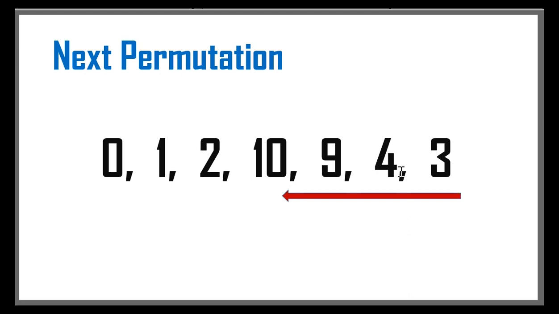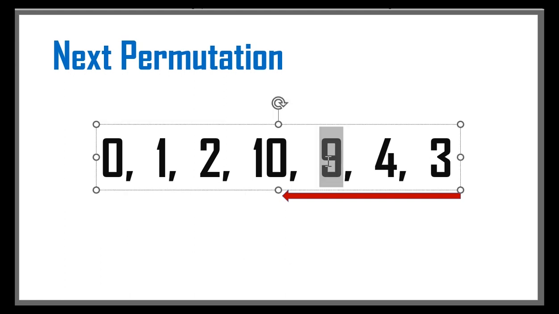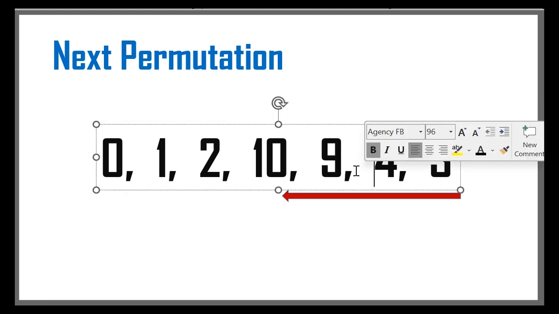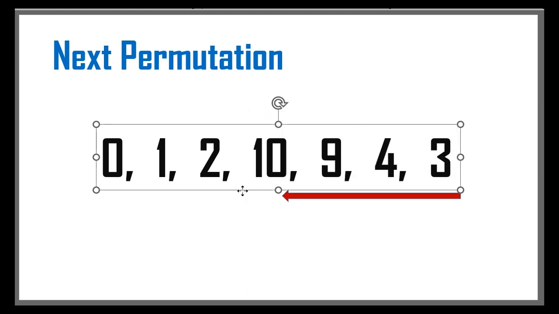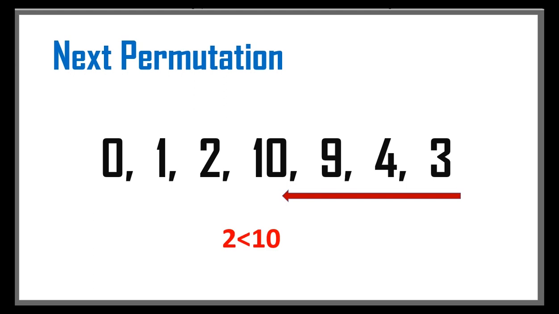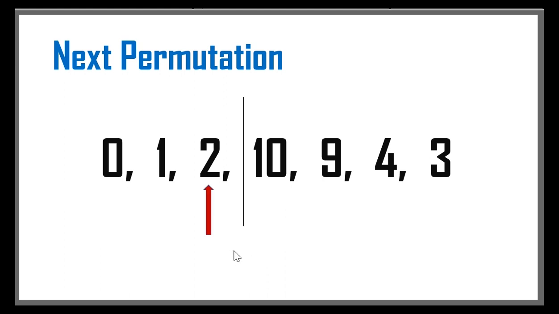We will check at which point this trend breaks. 3, then 4, 4 is greater than 3. Again there is 9, which is greater than 4. Then 10, which is also greater than 9, but when it comes to 2, 2 is smaller than 10. So 2 will be the changing point of our given array.